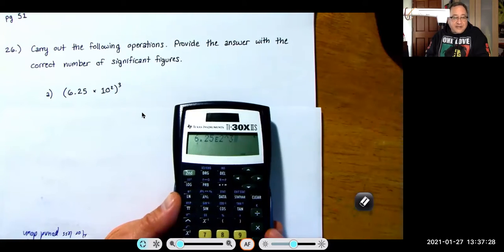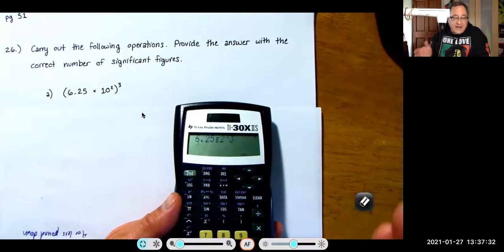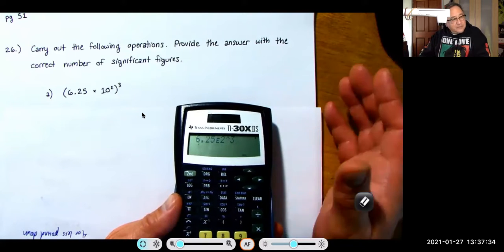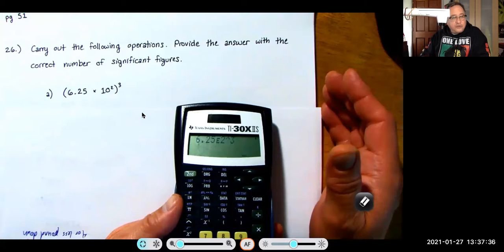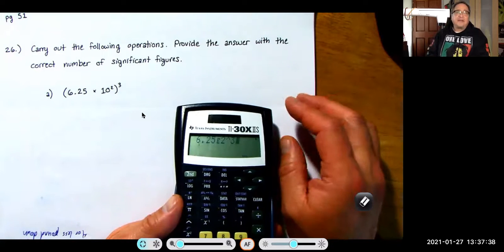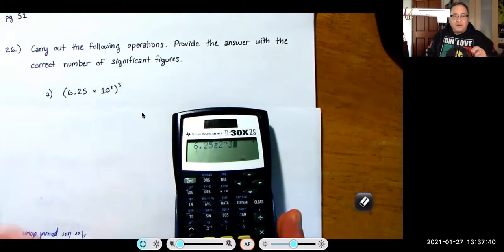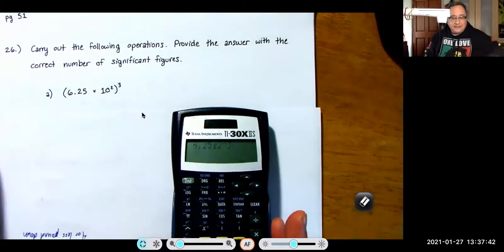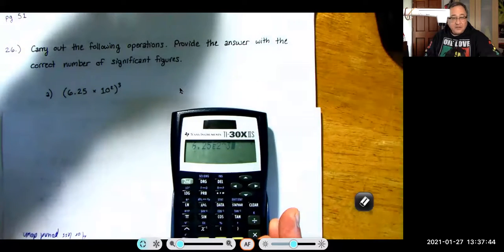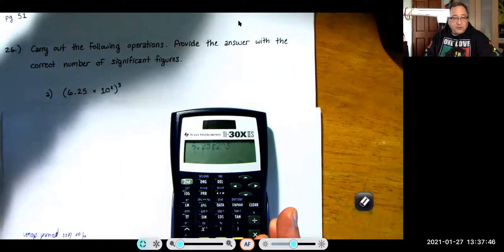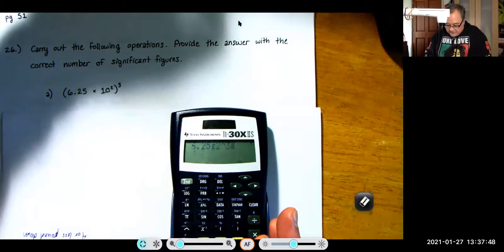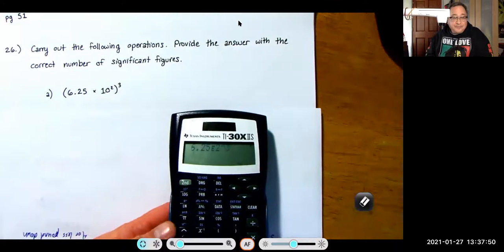And we can estimate the answer. I did this earlier today, but the answer in my mind should be around 2 times 10 to the 8. No, let me think about that. About 1.5 or 2 times 10 to the 8th. So let's push the equal sign here.